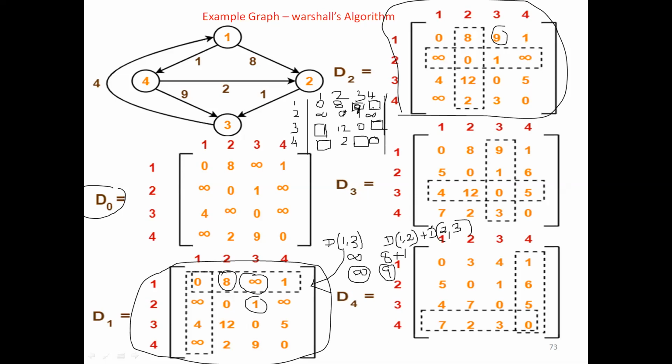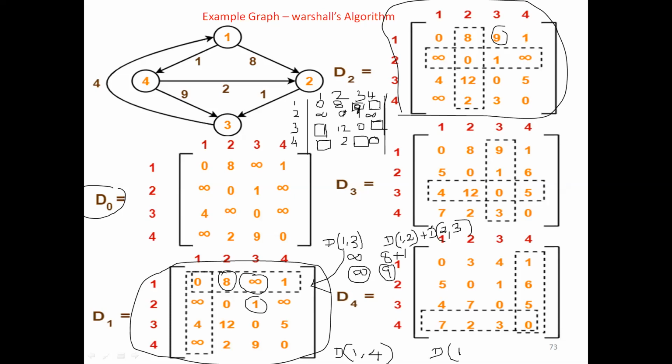Next, another example: D1 comma 4, the second square. What should I do? I go via 2, so the intermediate vertex is 2.